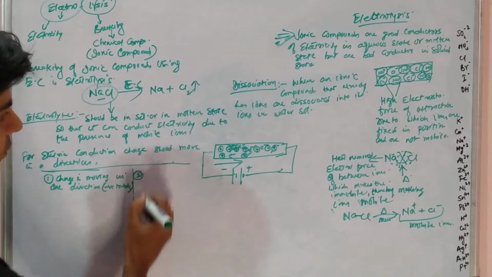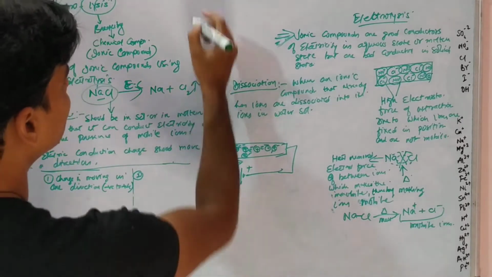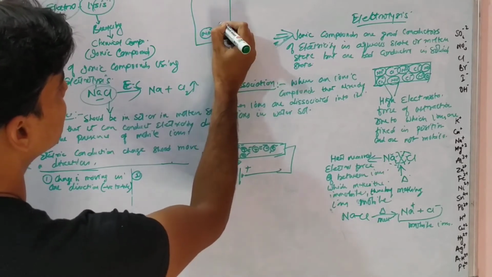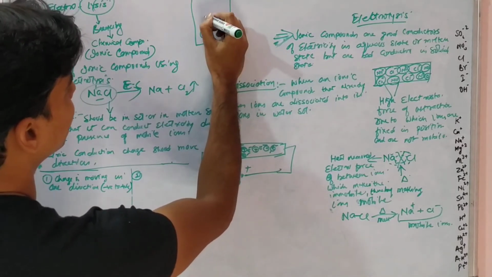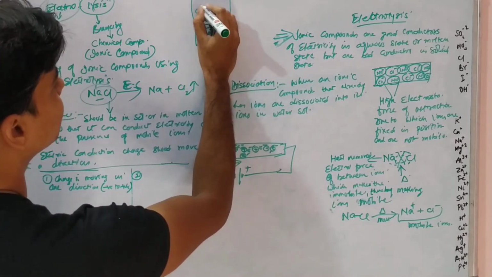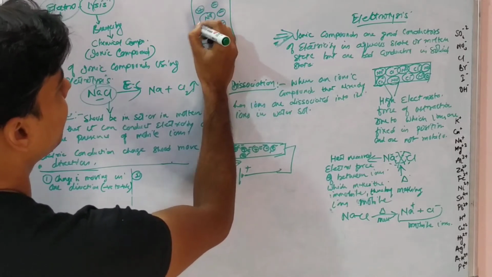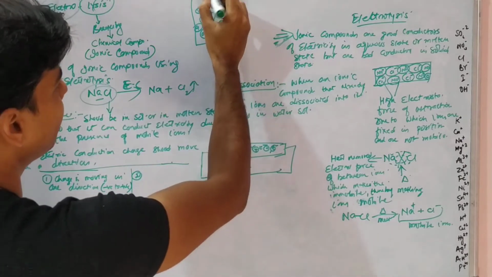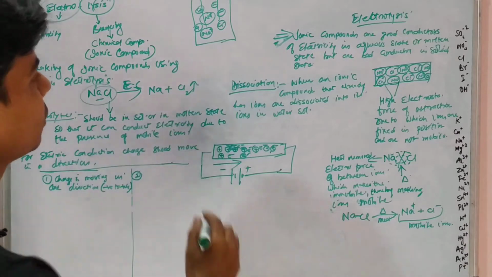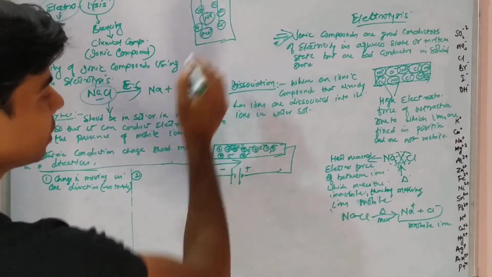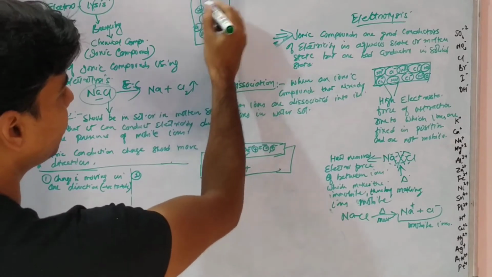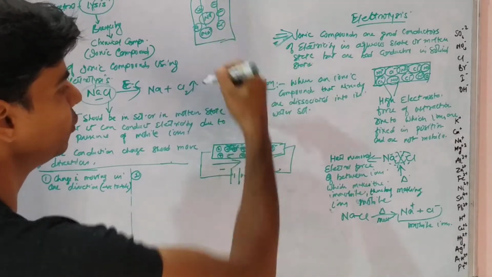But in the case of electrovalent compounds, suppose this is an electrovalent compound, it consists of positive ions and negative chloride ions. When you pass electric current into the solution, these charges will also start moving. Before applying electric current, these positive and negative charges are randomly moving.